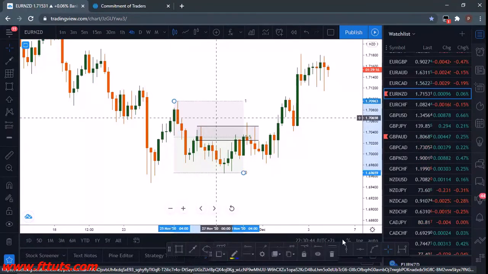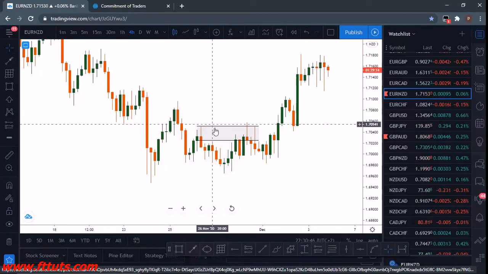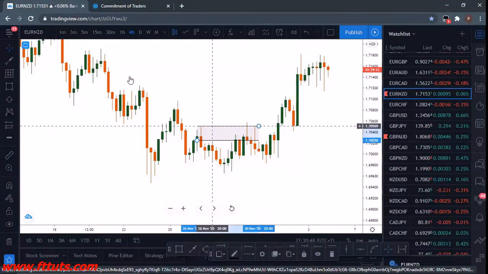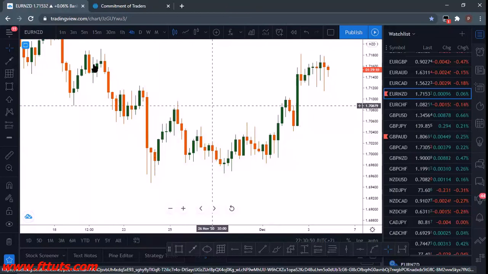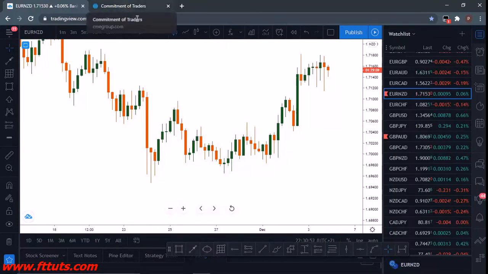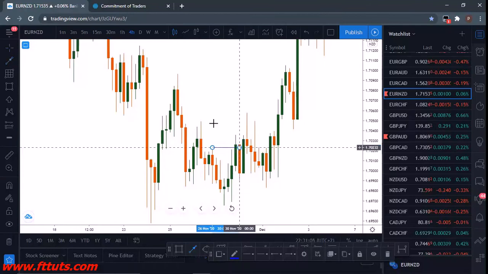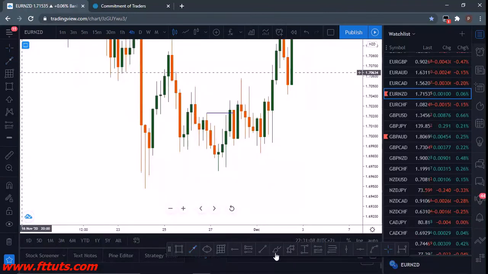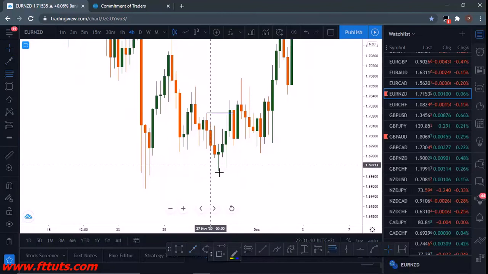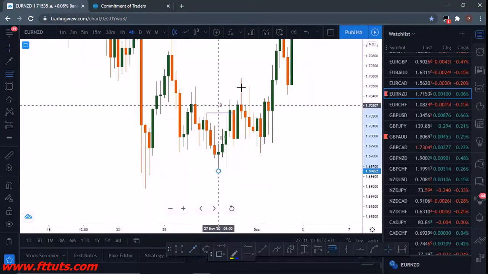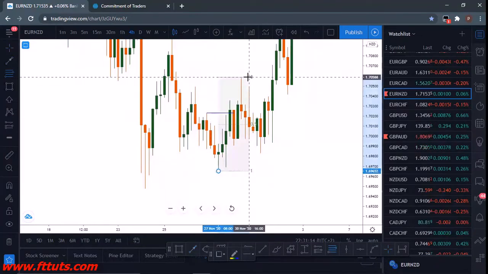So let's look at the one I want to talk about, which is Euro New Zealand. It was showing us buys on the COT, like we already did Euro New Zealand in the COT. First, you look at the break of structure. This is where the break of structure happens. Second, take your fib low to the most recent high.